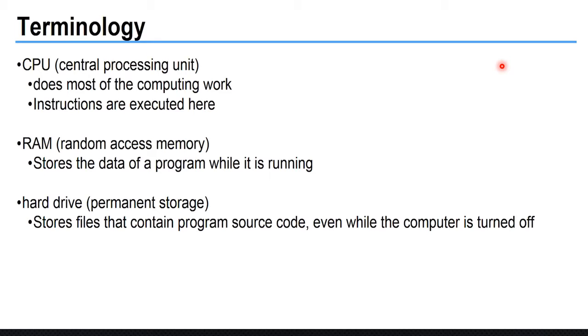RAM means random access memory. Memory and the hard drive are not similar. RAM stores the data only while the application is running. It is also a primary memory.